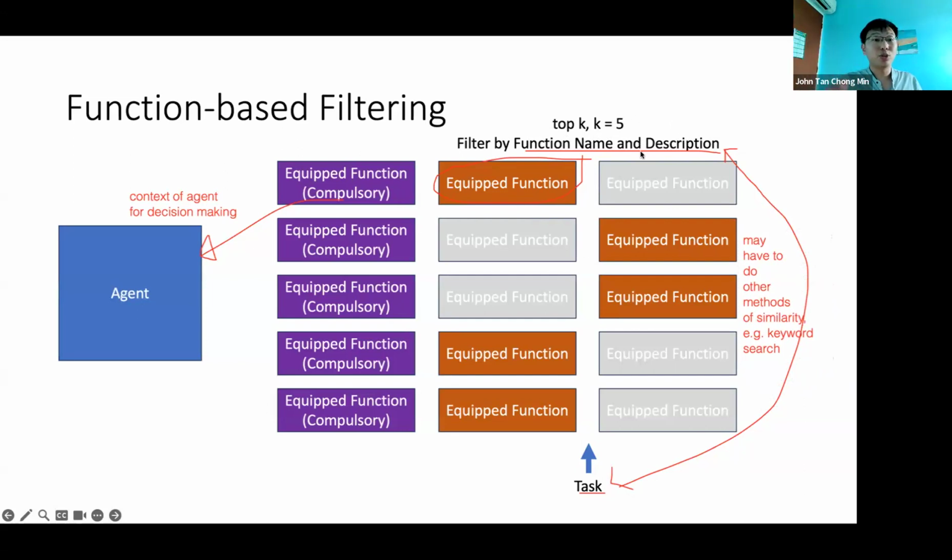You might also want to compare with input variable types, if you wanted to filter by type. I leave it to you how you want to do it. But the idea is if you filter those functions and put them to the agent in the reduced function space, you get better performance if you reduce them correctly. So this is one key thing about memory bank.